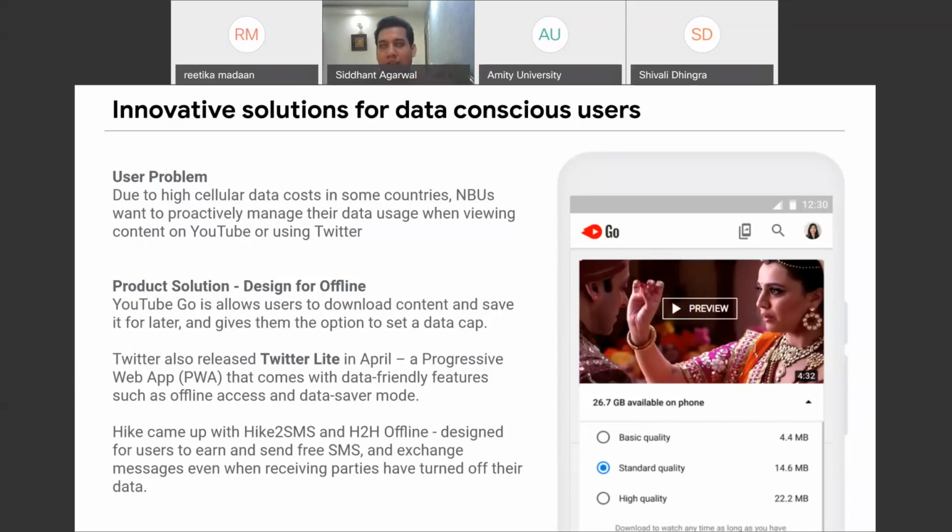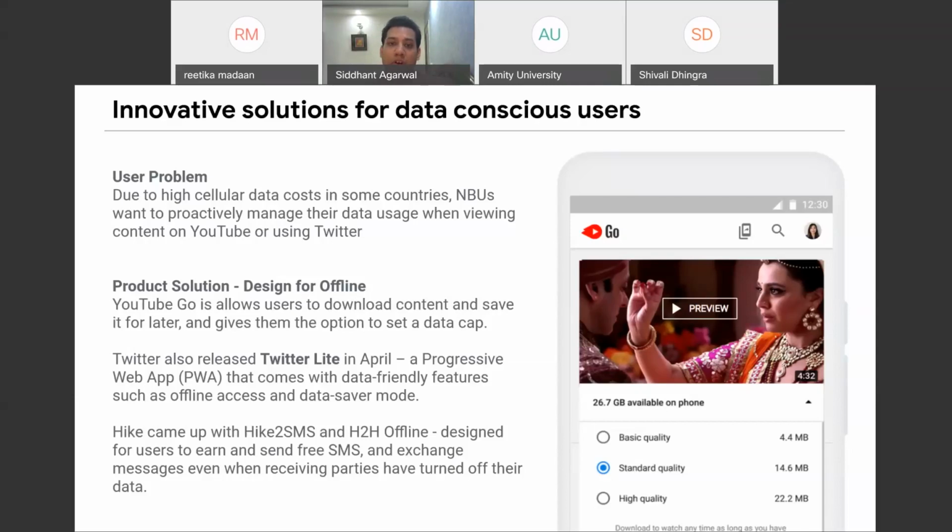It has a completely new modified version of the Android operating system called Android Go, with a bunch of supporting applications from Google Play Store like YouTube Go, Gmail Go, Google Maps Go, and so on. Basically, they created an ecosystem of products that works on low latency for users that are very data conscious.